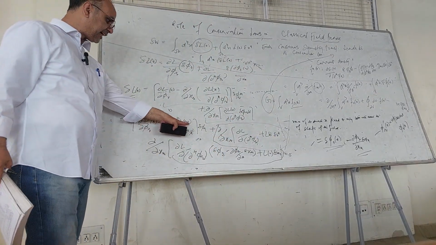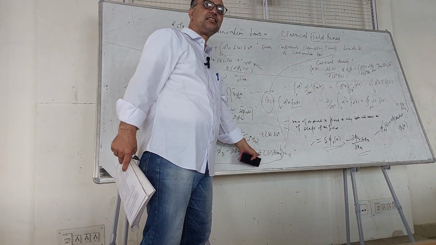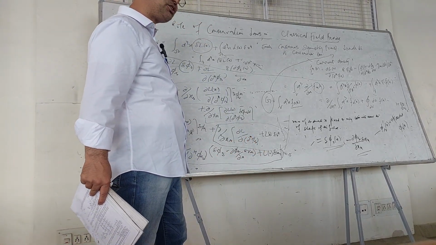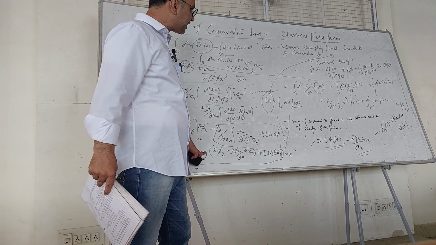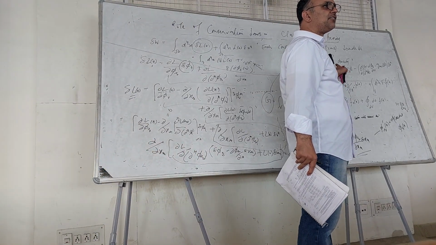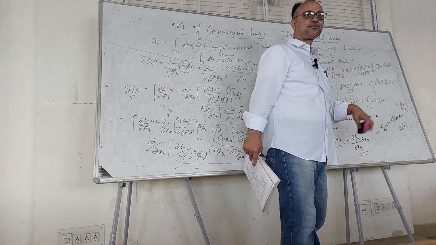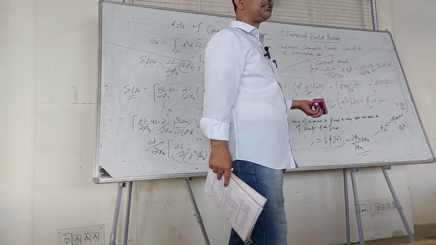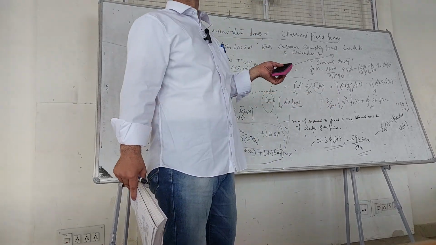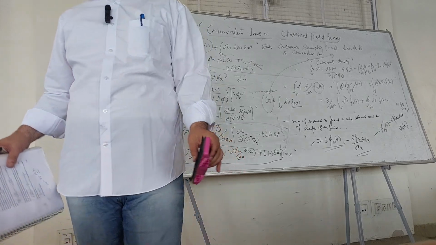One is the Euler-Lagrange equation and the other is a current. The Euler-Lagrange equation will be constant or zero. This current, we said, at the boundary or at a given time will always remain conserved. From this statement we can arrive at the Noether theorem, as a mathematical proof. Fine.